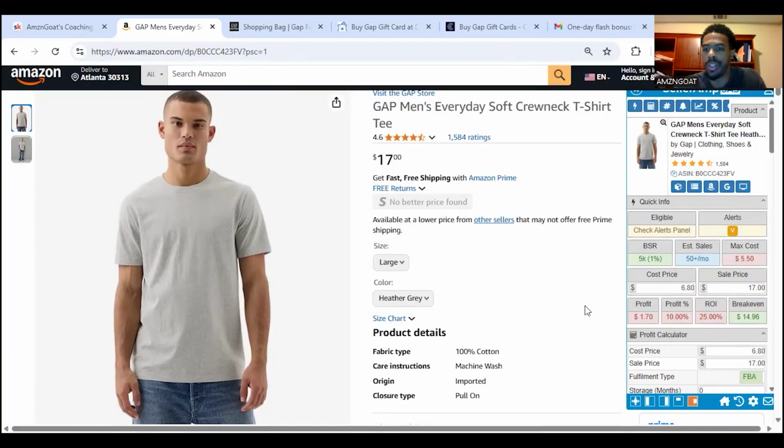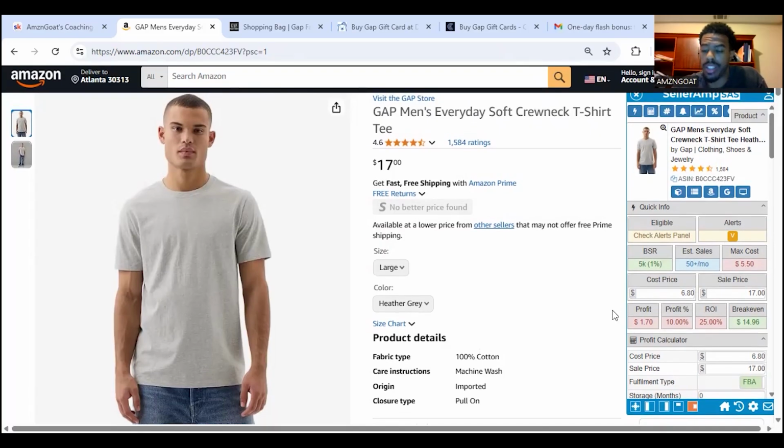Now that profit per unit, you would have to be selling this product anywhere between about 60 to 100 times for it to make sense to sell at $1.70 profit per unit. There's products out there like that, but this product right here, it's only 50 plus and it's a clothing item.